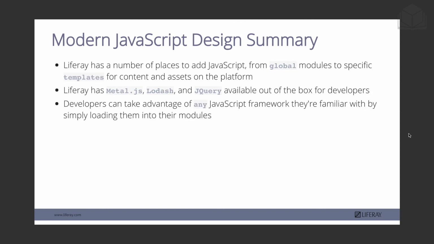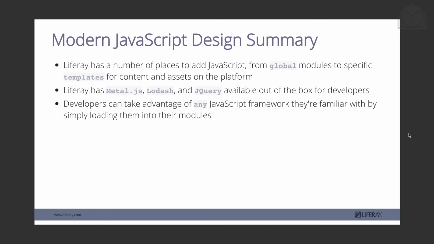Metal.js is something that was built in Liferay for Liferay, so you can take advantage of it, but it's not something that we are necessarily recommending. You can take advantage of any of these frameworks that are available out of the box, or you can add on your own framework within the build process. For our examples, we'll just use some semantic JavaScript, but we will look at some other examples of how to, for example, use ECMAScript later on.